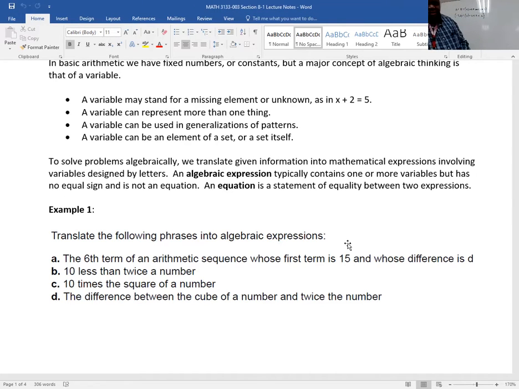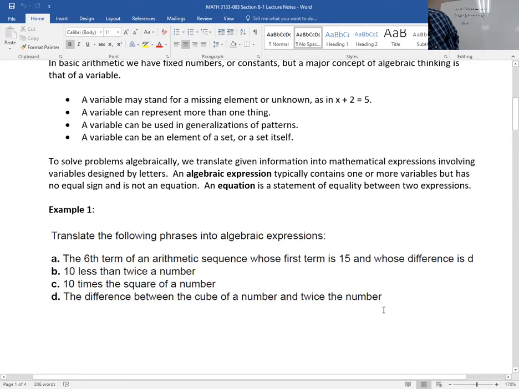All right, so the sixth term of the arithmetic sequence, whose first term is 15 and whose difference is D. Well, that first term is going to be 15, and it has to be plus something.